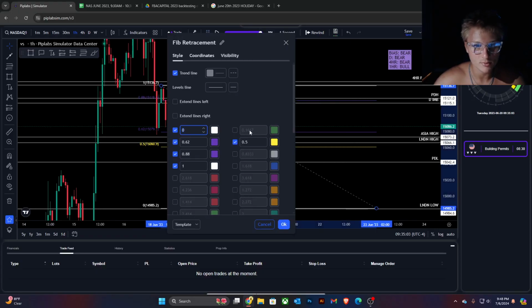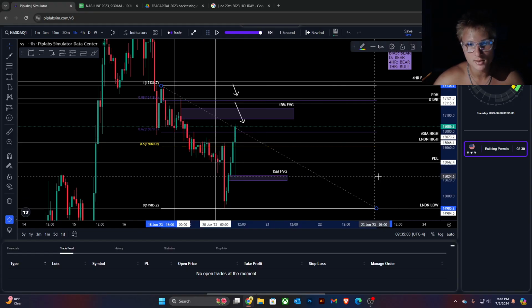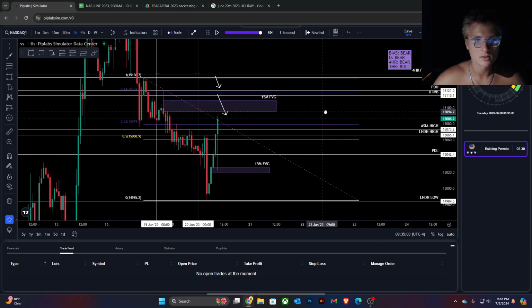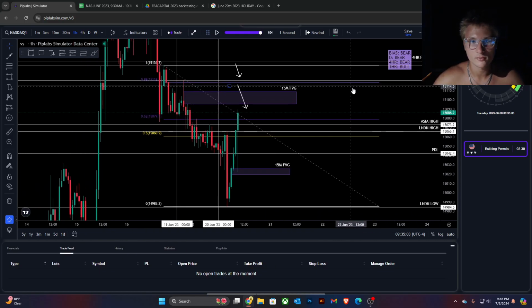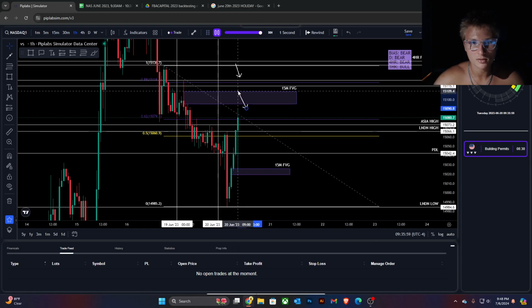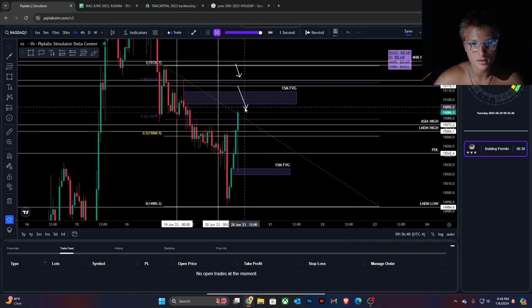So here's my fib levels, 50% fib, and here's a nice retracement area, 62% and 88%. That's like the golden zone. So that's another confluence here. If price right now taps into this daily imbalance to fill it, could continue down.